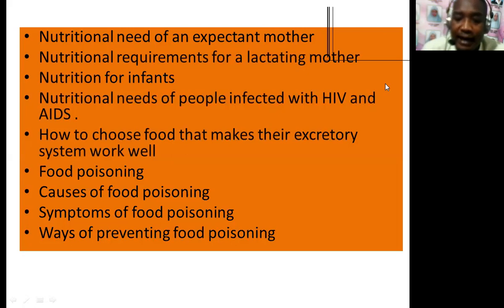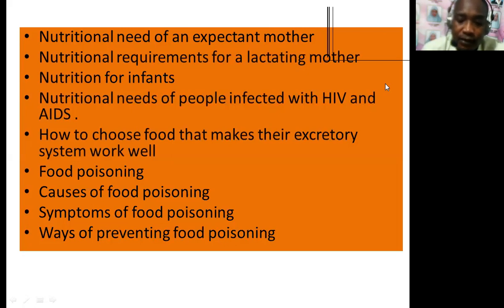Do not buy foodstuffs that do not indicate the expiry date or whose date has expired. Five, do not buy damaged foods that are infested with pests such as weevils or those that are moldy.